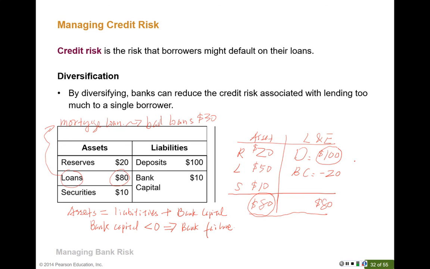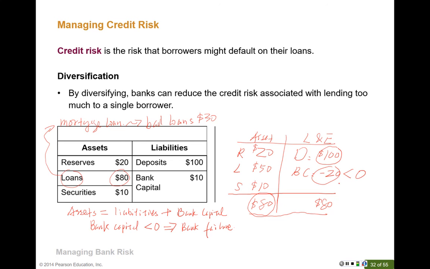So in this case, this bank actually failed because the bank capital, as we mentioned, became negative, below zero. If bank capital becomes zero or negative, the bank will fail.